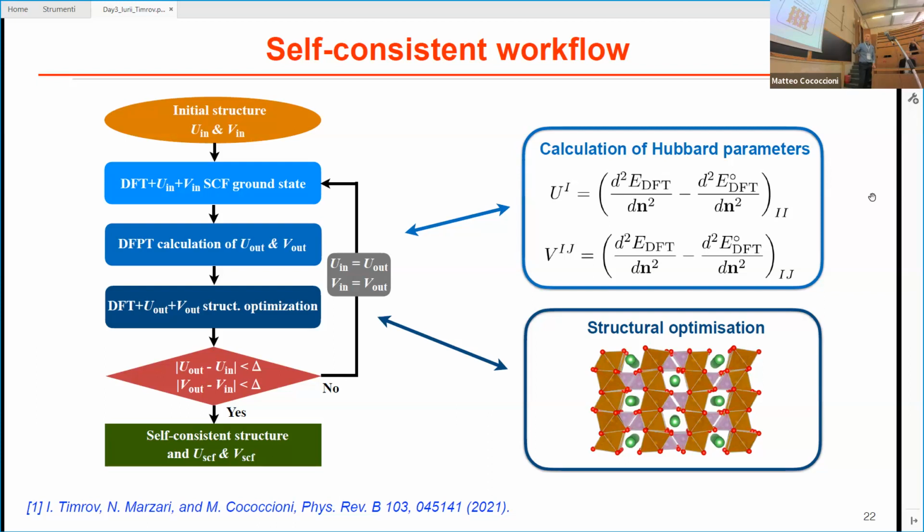Then you can do structural optimization with these U and V values, because now your geometry is optimized using U and V corrections. But then you can go back and continue this loop until convergence. So why do you do that? Because if you do this self-consistently, you are trying to achieve the scenario where your geometry is consistent with the electronic structure. So you keep doing this cycle until U and V values do not change and your geometry doesn't change.